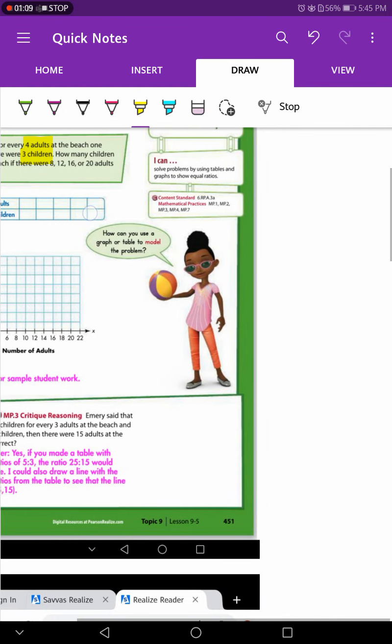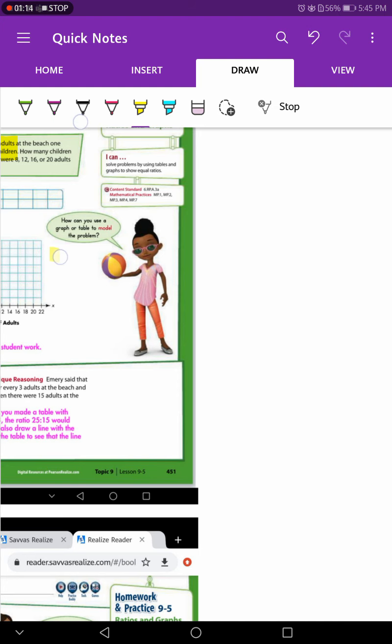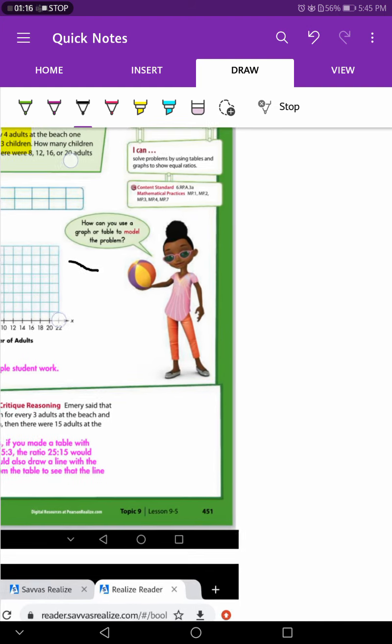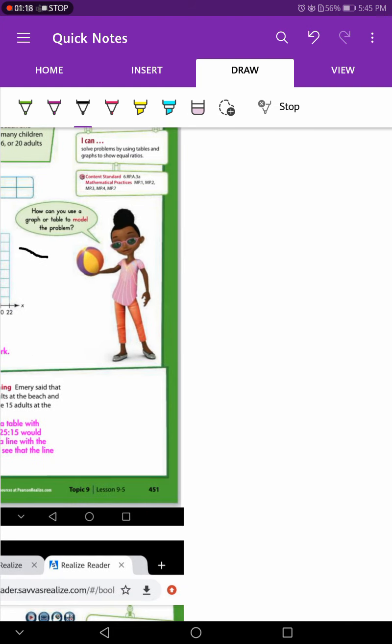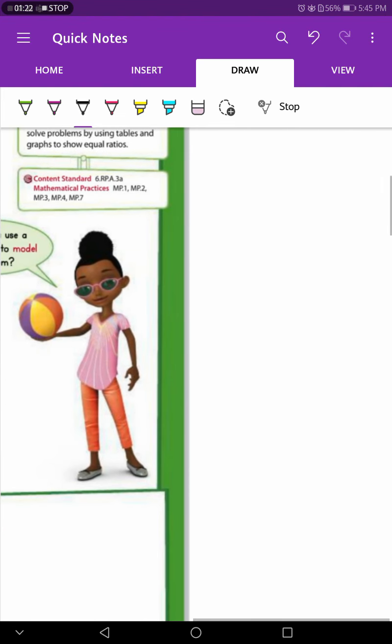For example, let me write it here. It is 4 over 3. And we learned how to find the equivalent ratios.